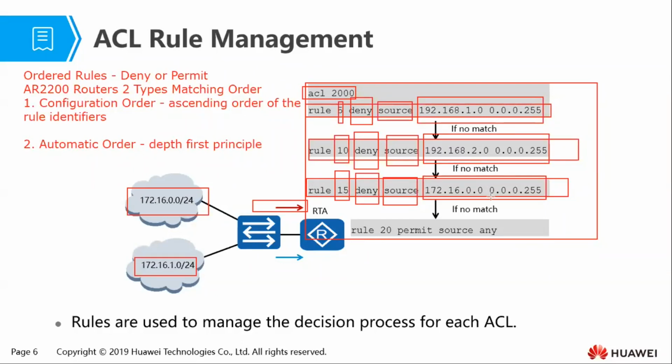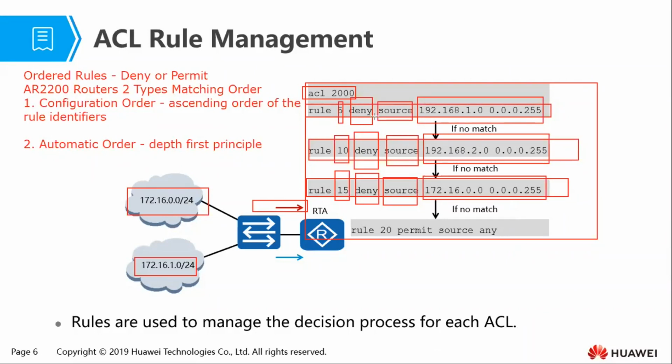When rule 15 matches, the packet is discarded and the ACL will not look at the next rule. It will not go ahead and look at this rule. It will simply discard the packet and stop looking at the other rules. So whenever a rule matches, we stop processing the ACL and perform the action that the matched rule is saying.